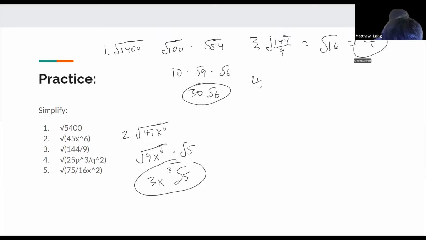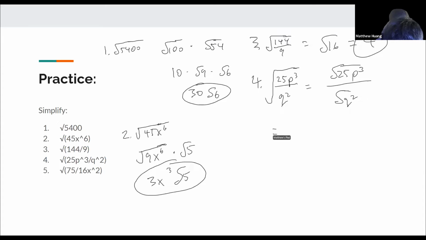And number 4, this one's a fraction. So, root of 25p cubed divided by q squared. Since we can split things up, we can also split the numerator and the denominator. So this is the same thing as root 25p cubed over root q squared.